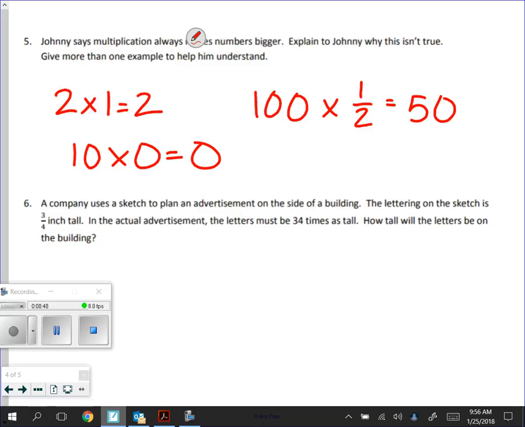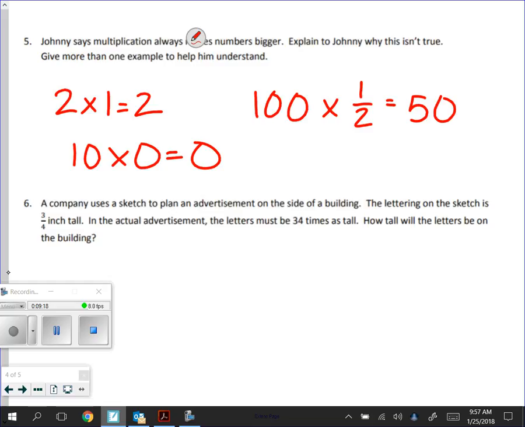A company uses a sketch to plan an advertisement on the side of a building. The lettering on the sketch is 3/4 inches tall. In the actual advertisement, the letters must be 34 times as tall. How tall will the letters be on the building? So what would you do to solve this problem?